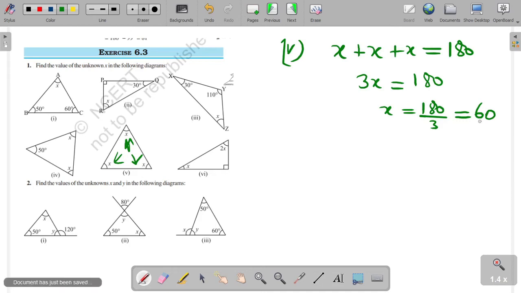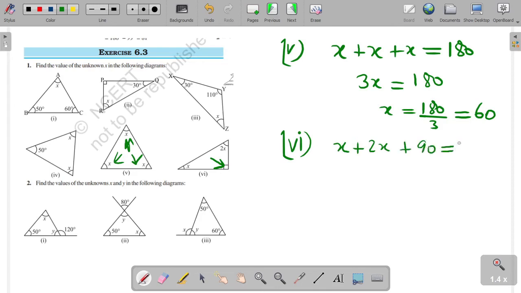Now we move to the sixth part. This is 90 degree. This symbol denotes 90 degree. So we write x plus 2x plus 90 equals 180.